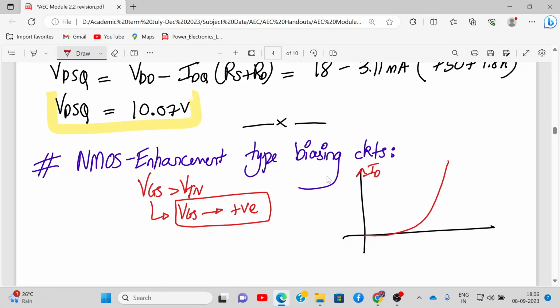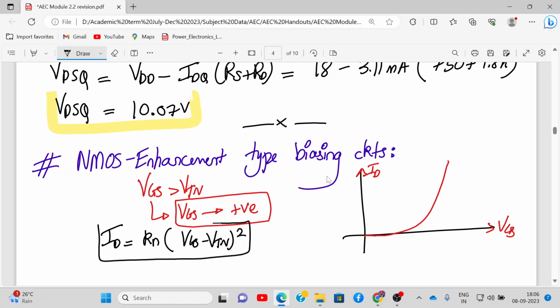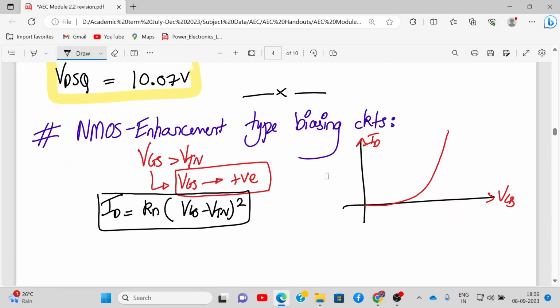This is ID versus VGS. And what is ID given by over here? ID will be given by Kn times VGS minus VTN, the whole square.